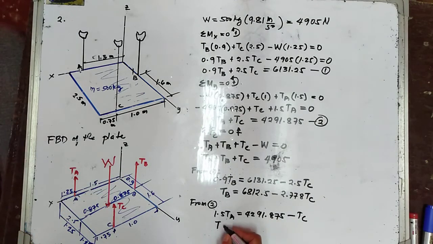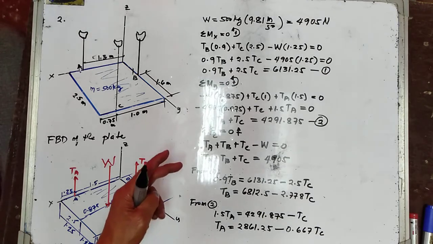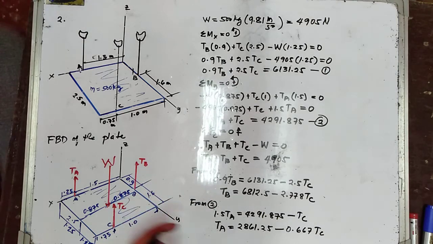So that TA is now equal to 4291.875 over 1.5, which is 2861.25, minus 1 over 1.5, which is 0.667 T sub C. So we now have the value of T sub B in terms of TC, and T sub A in terms of TC.